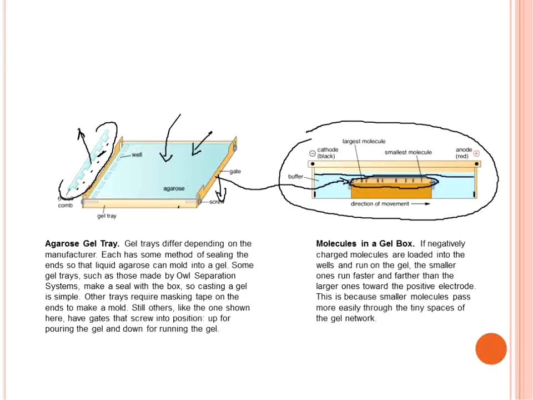Electrolyte, in this case, it's a buffer called TBE buffer, tris borate EDTA buffer, because it will carry the current. And so here is the negative electrode, cathode, which is black, and here is the anode, positive electrode, which is red, right? And so now you have placed the gel in the gel box, and you can introduce your samples.